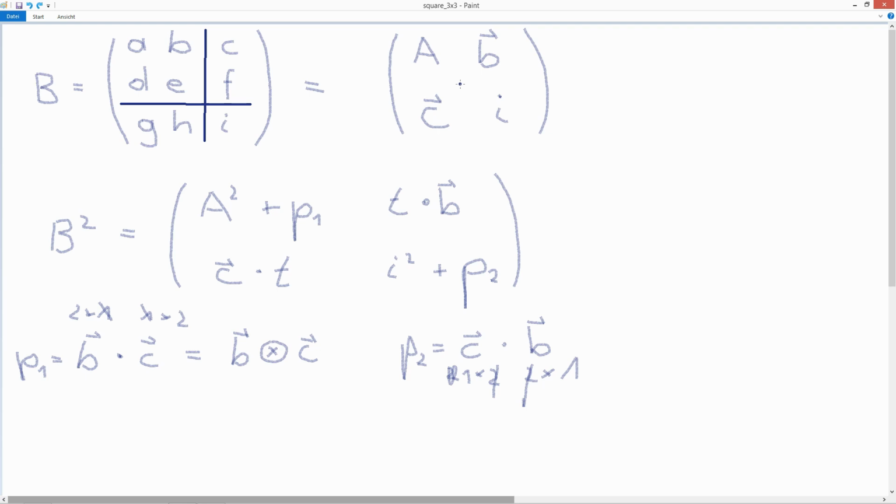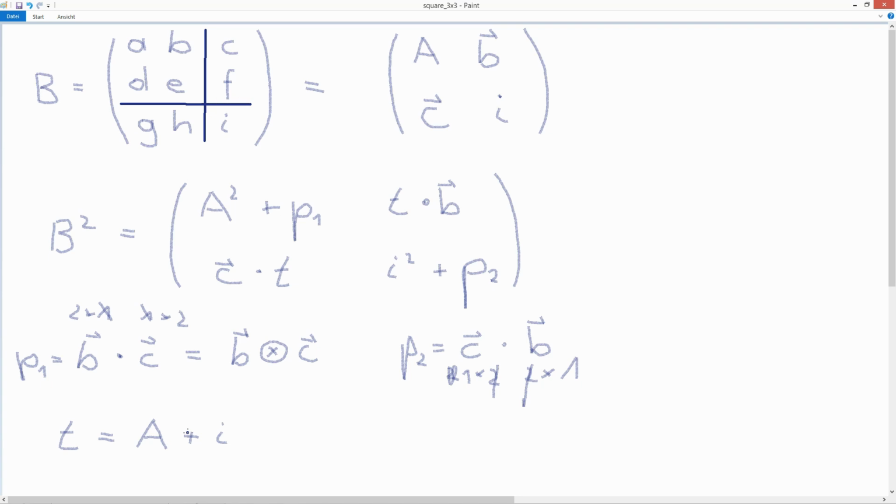T is the sum of these two entries of the block matrix, A and I. So T is equal to A plus I. But right now this sum doesn't make any sense, because A is a 2 times 2 matrix and I is a scalar, so a 1 times 1 matrix.